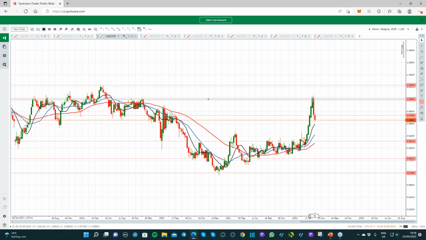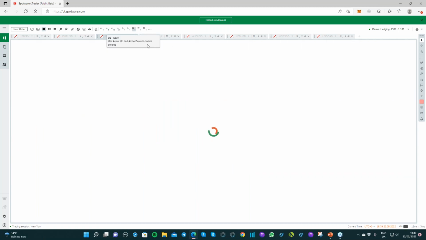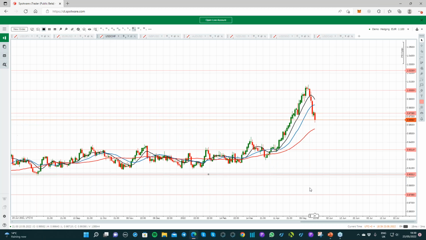It's hit its head against this next horizontal level of resistance, and it's currently coming down quite steeply. Where am I looking for this move to the downside to end? Well, I'm going to look at the daily time frame to decipher that.